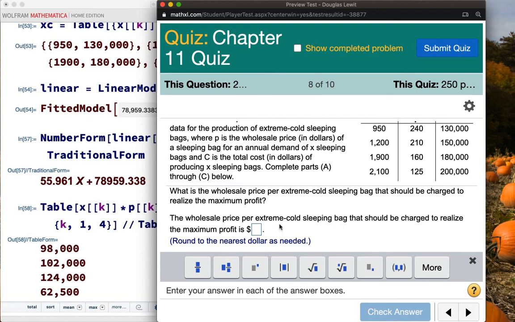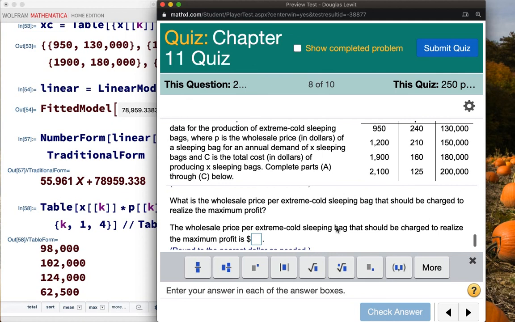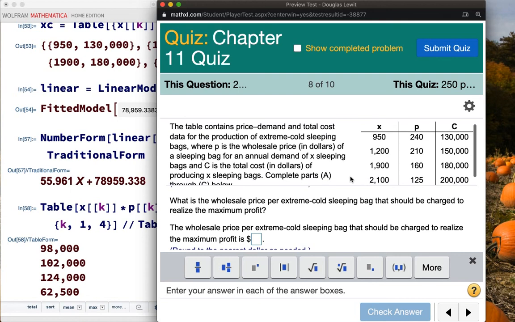Well, the wholesale price per extreme cold sleeping bag that should be charged to realize the maximum profit is, well, if the maximum profit is here in the third row, I would assume, oh, I see.